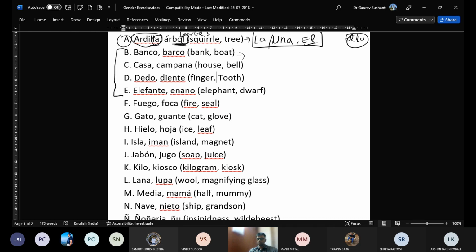Just write down the articles which can be used.